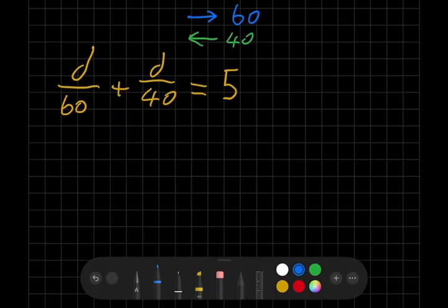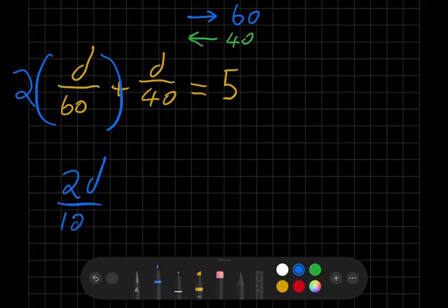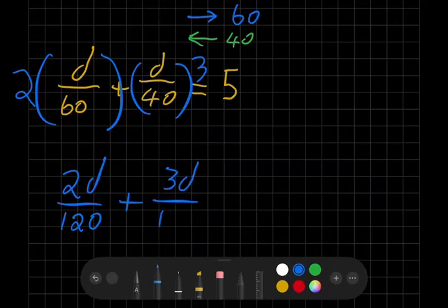Between 60 and 40, I can think of 120. So we multiply this by 2. That gives us 2d over 120. And then we multiply this by 3. That gives us 3d over 120.